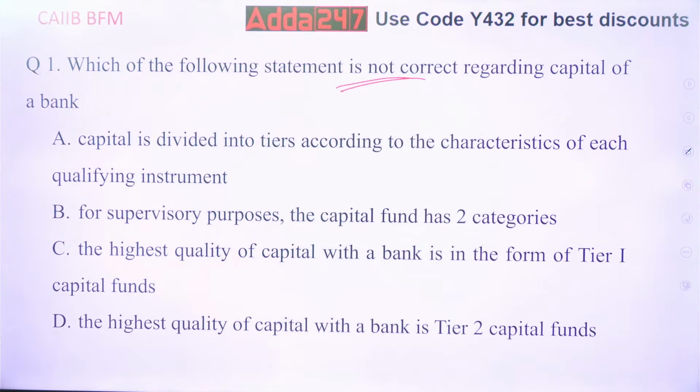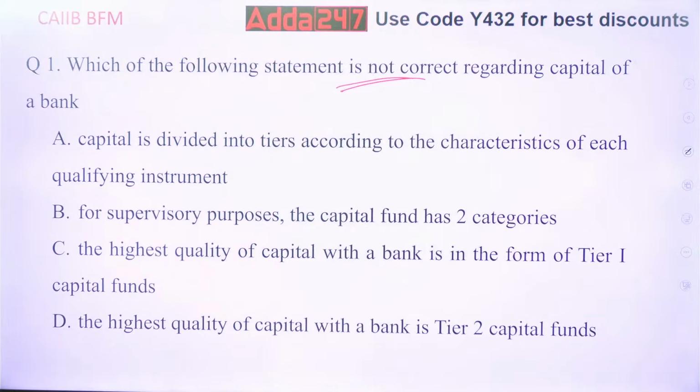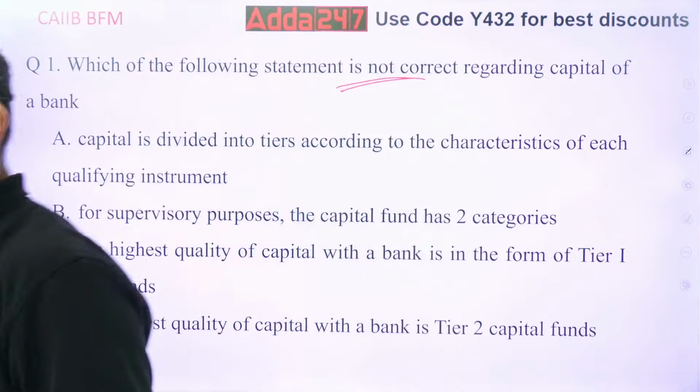The highest quality of capital with the bank is in the form of tier 1 capital, and the highest quality of capital with the bank is tier 2 capital. So which one of them is not correct? What do you think?